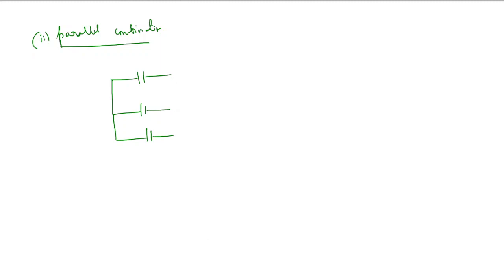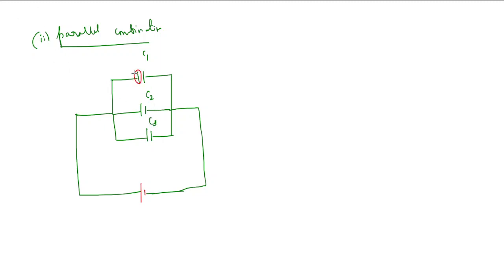The 3 capacitors like this, and these 3 capacitors are connected to a battery, and this battery would provide a voltage drop of say V. Look at the plates, we'll call them C1, C2 and then C3.